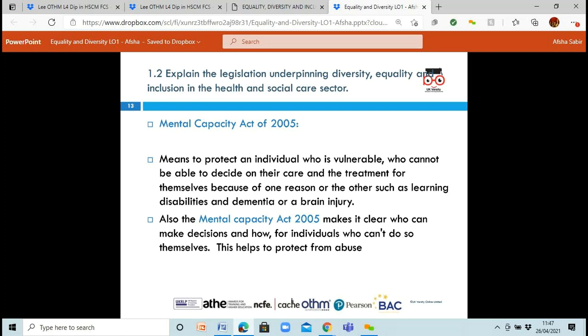This act also makes it clear about who can make decisions and how they can make them, especially if the individuals can't do it themselves. So if there's an individual who might be having a family member making decisions for them, but it's not in their best interest, this act will help the caregiver to make the right decision so that they're able to protect them from abuse.